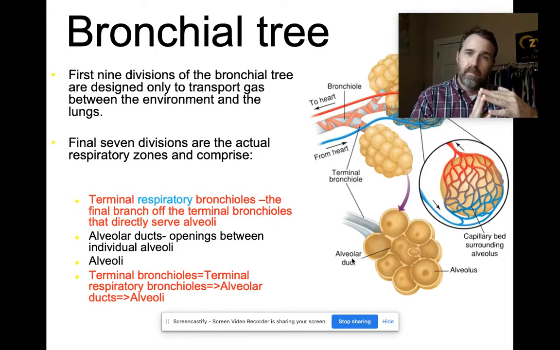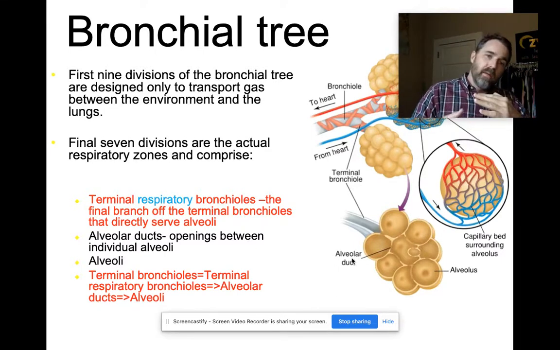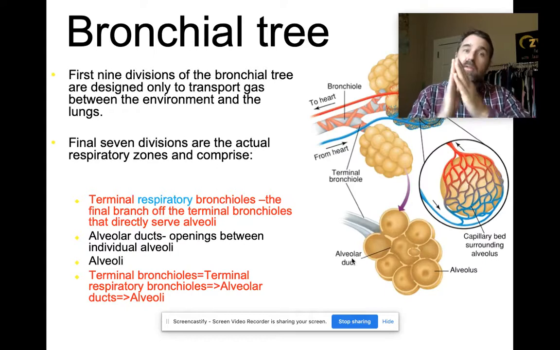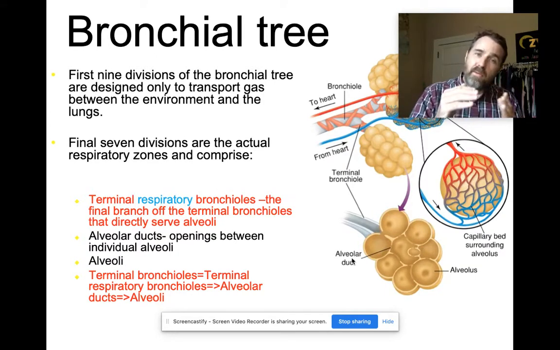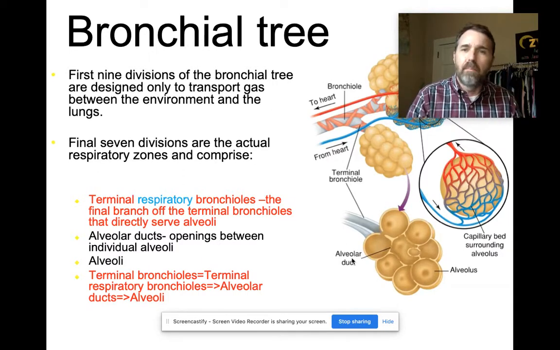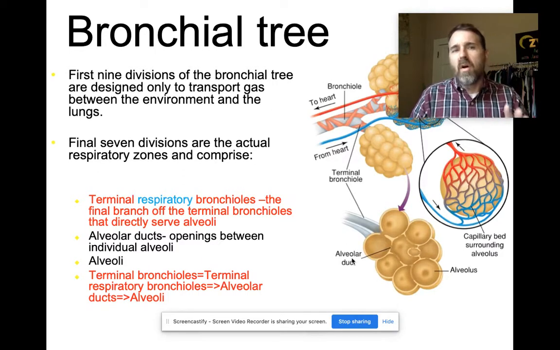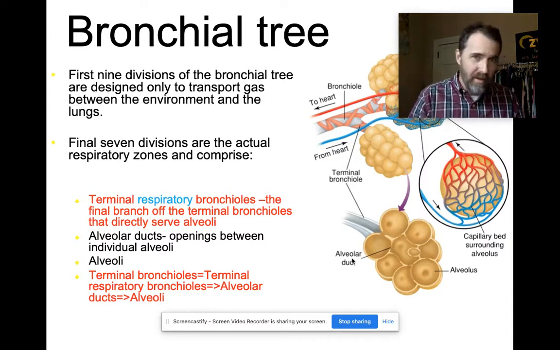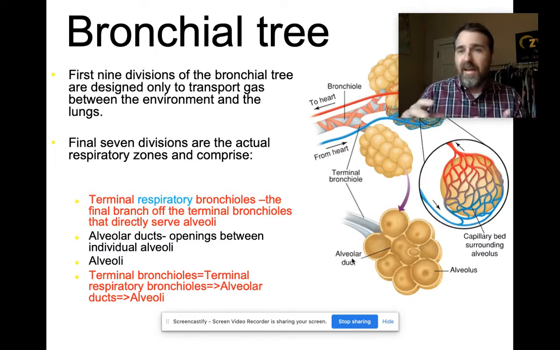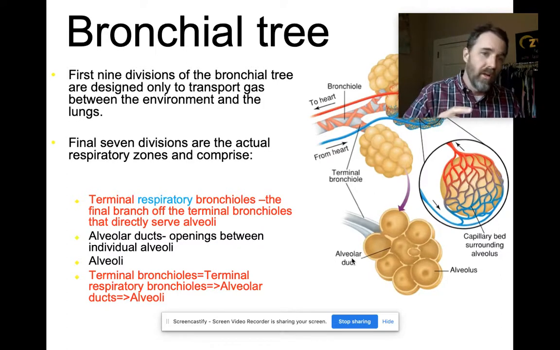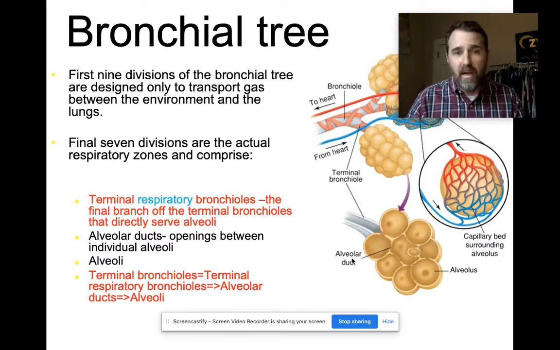Generally speaking, you have the trachea, and then you have the primary bronchi. And then from there, the first 9 times the bronchial tree divides off of the primary bronchi, those passageways are only for transporting gas, moving air in and out from the environment to the lungs and from the lungs to the environment.